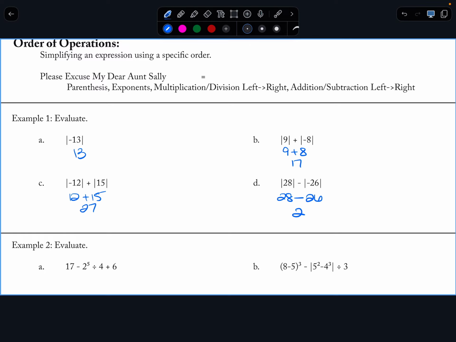And then you'll subtract and get 2. Any questions about absolute value? Absolute value is the measurable distance away from 0, but we don't necessarily care about that now. We will care about that later in a future math class.